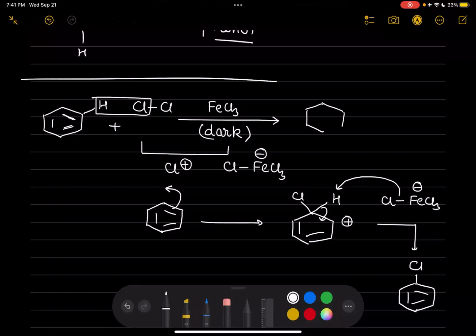So you will get chlorobenzene. You can write it on any carbon, all are the same because it is a hexagon. HCl is removed. But how it happens, this is the mechanism.